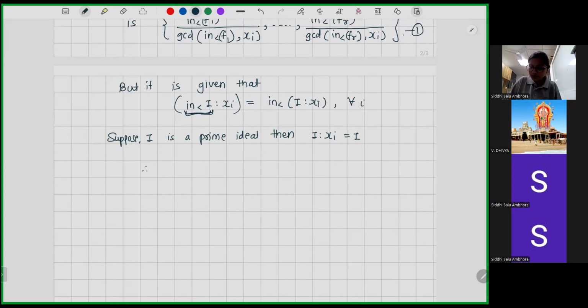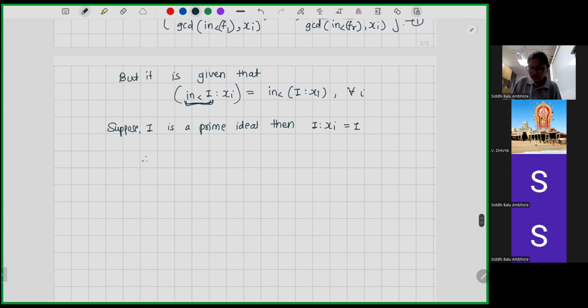This will imply that the initial ideal of I colon x_i will be the initial ideal of I, for all i. This is my second fact. Is this okay?